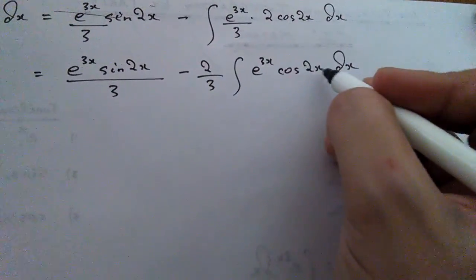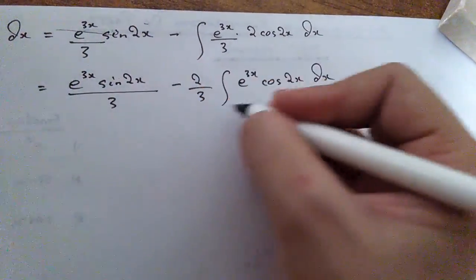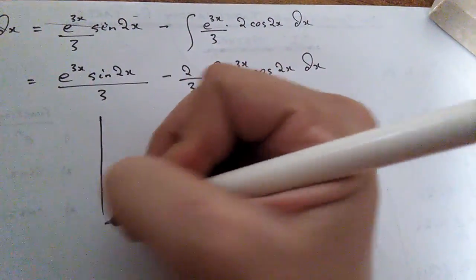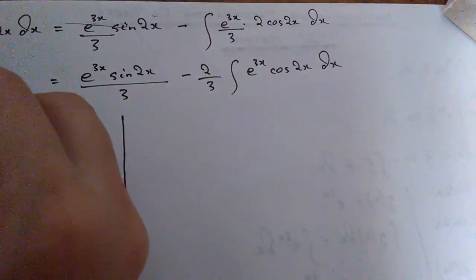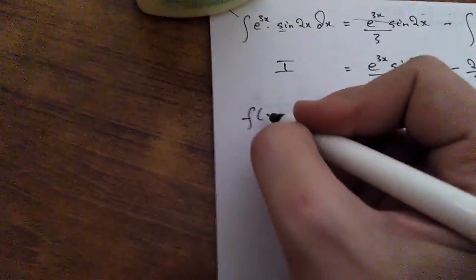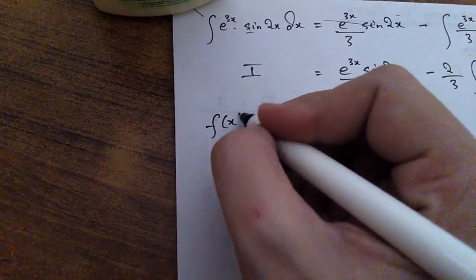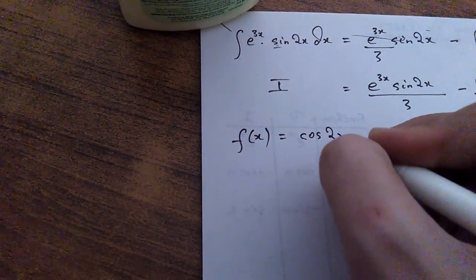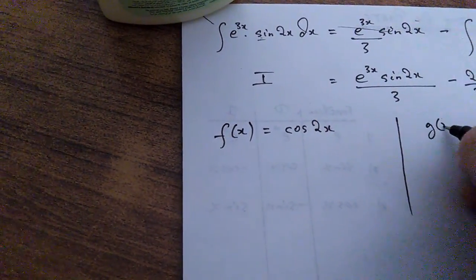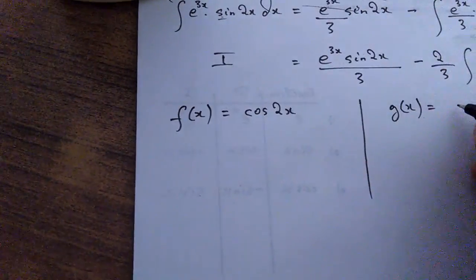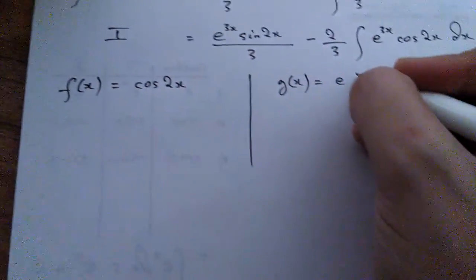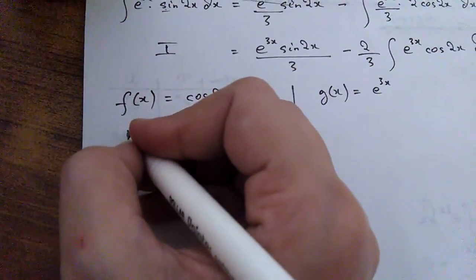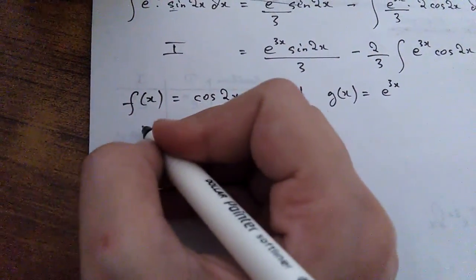So I'm going to take my trigonometric function as my f of x and exponential as my g of x, just like before. Okay, so my f of x this time is cosine of 2x, and my g of x this time is going to be exponential of 3x.